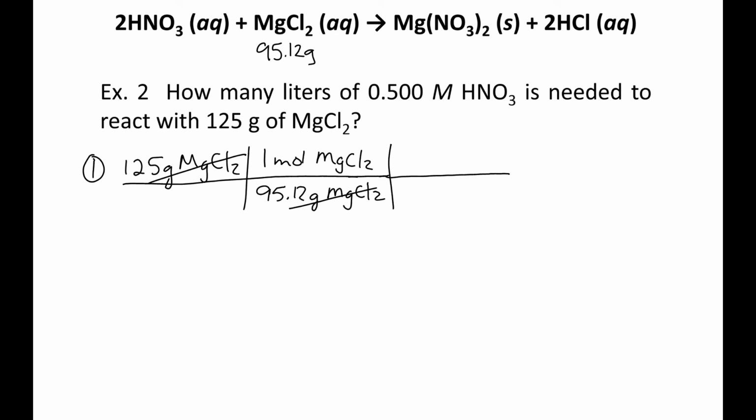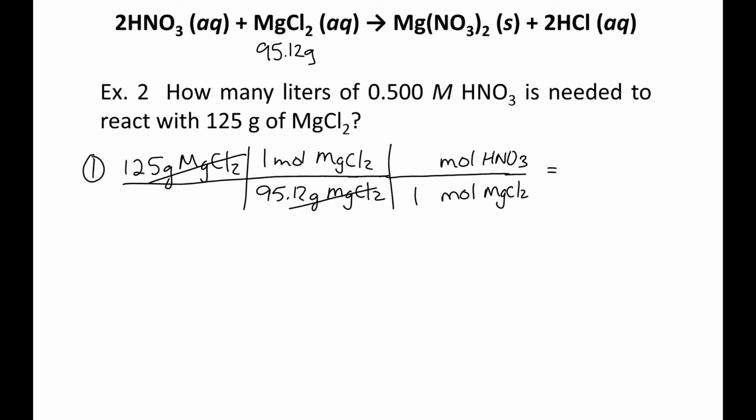Now we're going to use the equation, and it's moles of MgCl2 here and moles of, what are we looking for, HNO3 here. Now remember, this comes from the equation. This is your mole ratio.